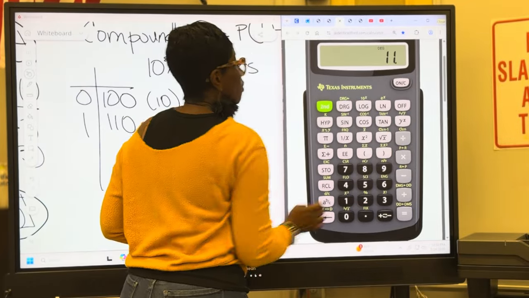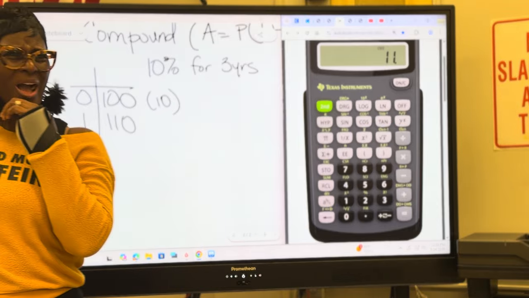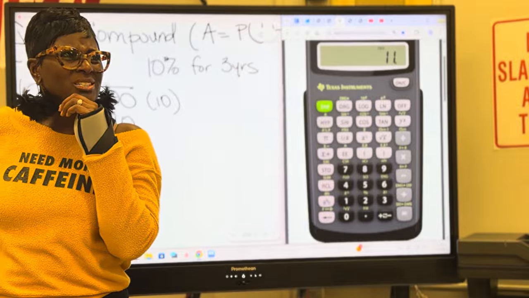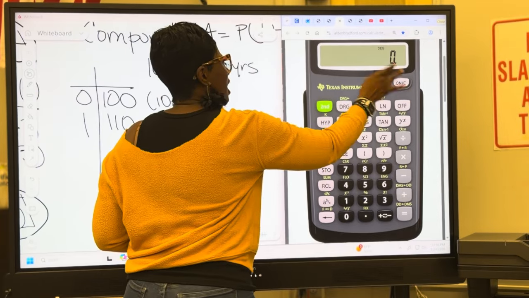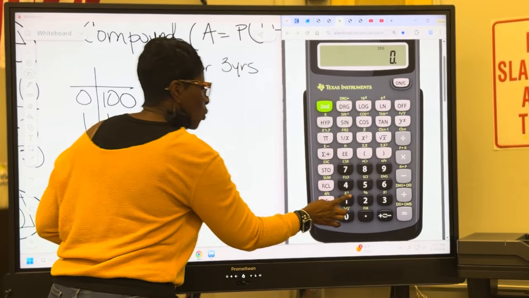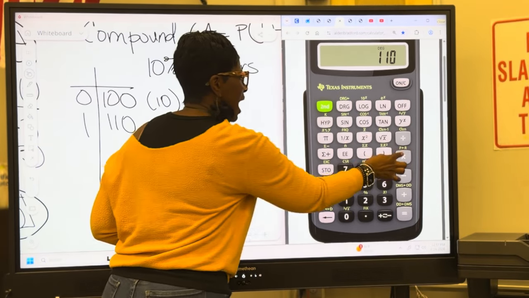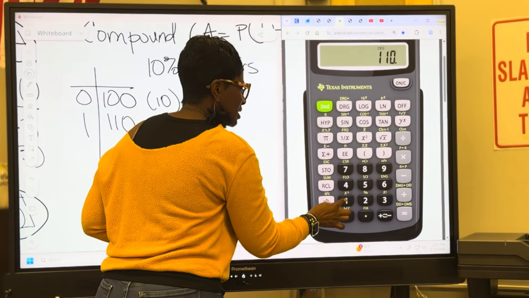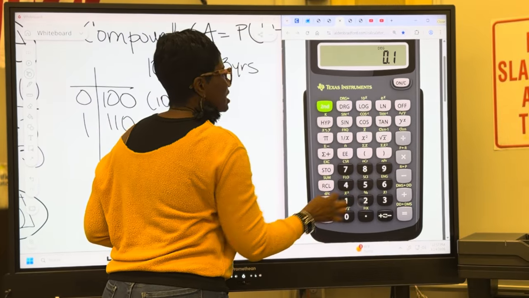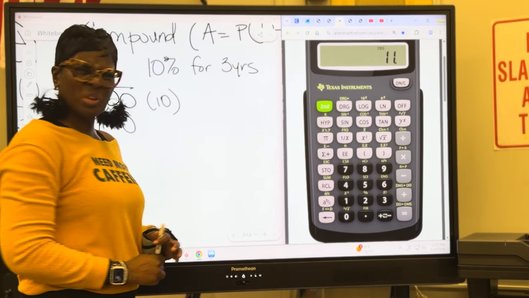And then we're gonna press equal. What do we get? 11. What? Let's do it again. 110 times 10, second percent, equals. What do we get?